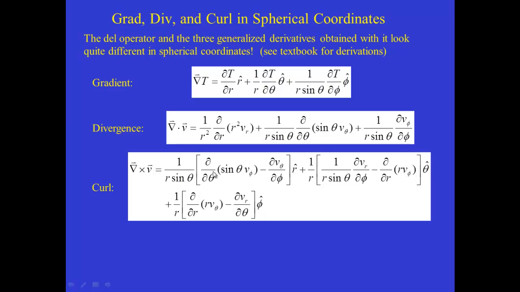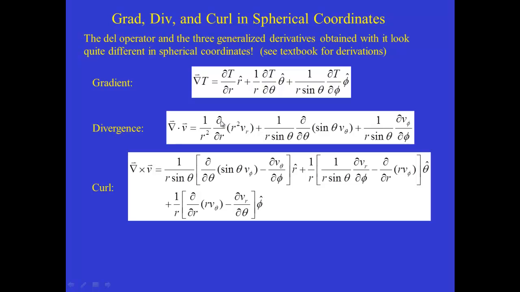So note that the kinds of derivatives that you would expect to be present in these expressions are there. But at the same time, there are more complications that arise from factors of r and sine theta that float around in these expressions. Also note, for example, in the divergence, these are the forms that are given in the textbook.